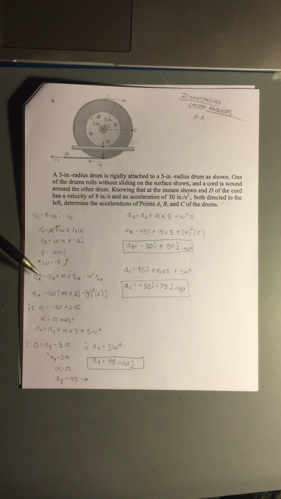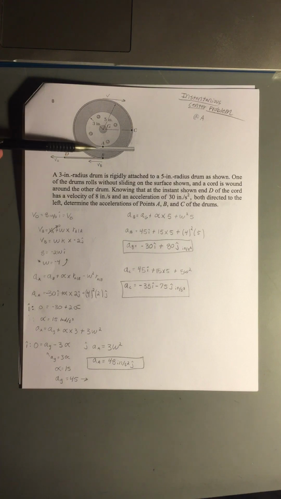We've calculated omega from above, and we know the distance between them. And so pulling out from this equation just the components in the i direction, we have the acceleration of A in the i direction, which is 0, has to equal negative 30 plus 2 alpha, and so using that we can solve and find that alpha is 15 radians per second squared.